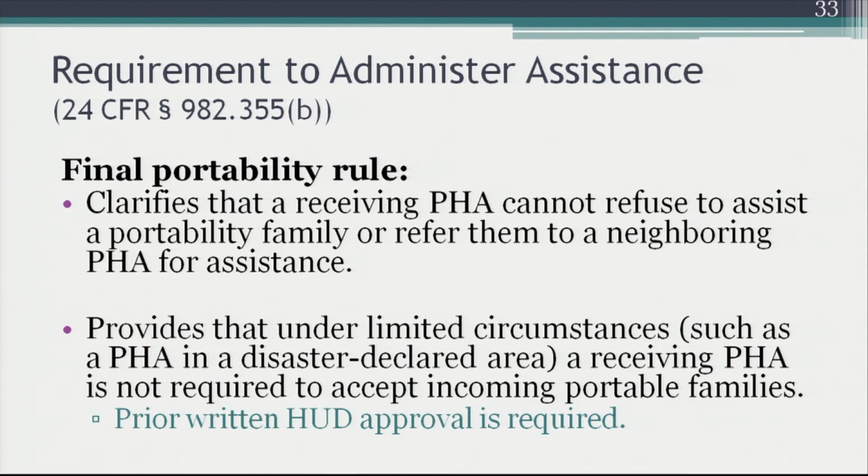The regulation only provides one example, and the reason for that is that HUD cannot know all of the circumstances under which it makes sense for a receiving PHA to not process an incoming portable family, and therefore we are going to deal with that on a case-by-case basis.